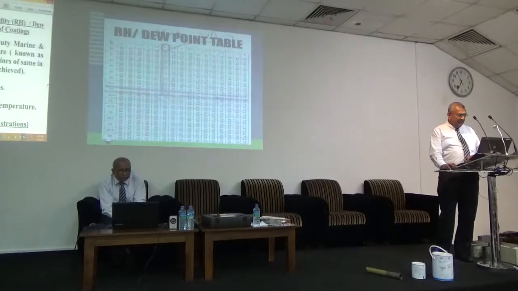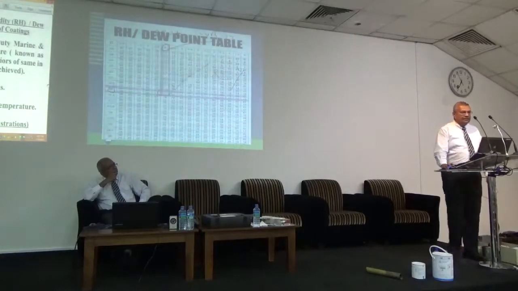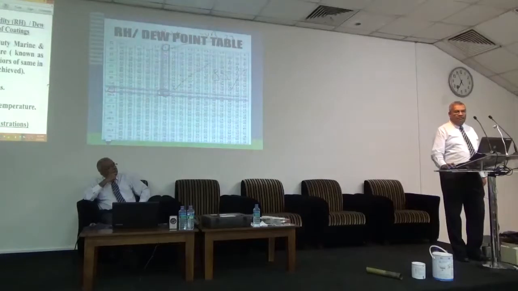So the difference is 3. So this is your matrix, and that's your reading. So since the maximum RH is 85%, the first parameter is okay. As long as you have relative humidity below 85%, you can paint.